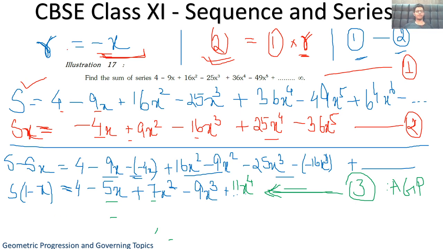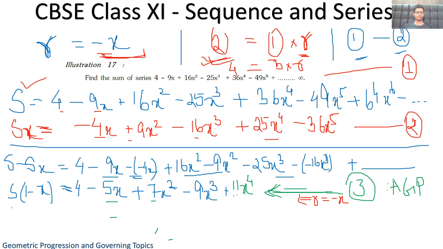We'll create an equation 4, and to create it we multiply equation 3 by the common factor r, and in the third equation also r is equal to minus x.